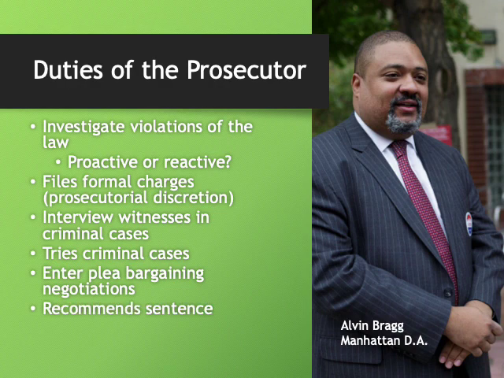And if it goes to trial and the individual is convicted, or if there's a plea bargain where somebody pleads guilty, then prosecutors will recommend a sentence to the judge, and it's the judge who does the sentencing. And then finally, if there is an appeal in the case from the criminally convicted, then the prosecutor's office would represent the state in the appeal. And so that's an overview of some of the duties of the prosecutor.